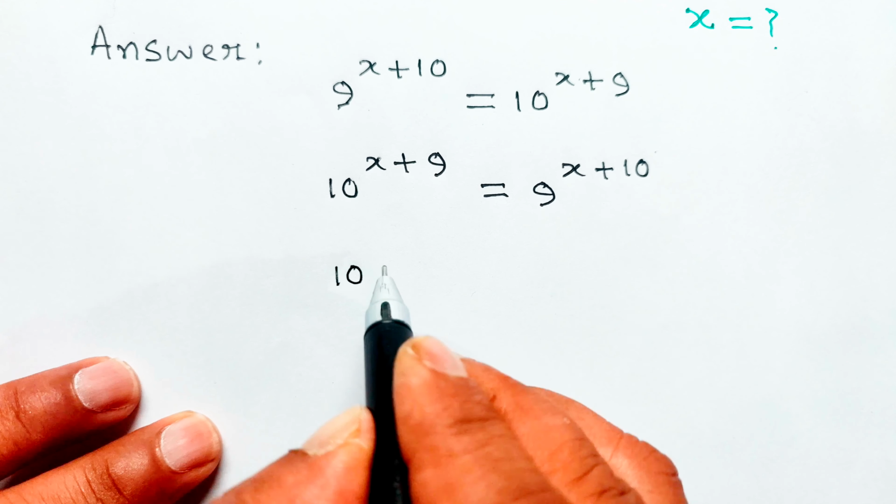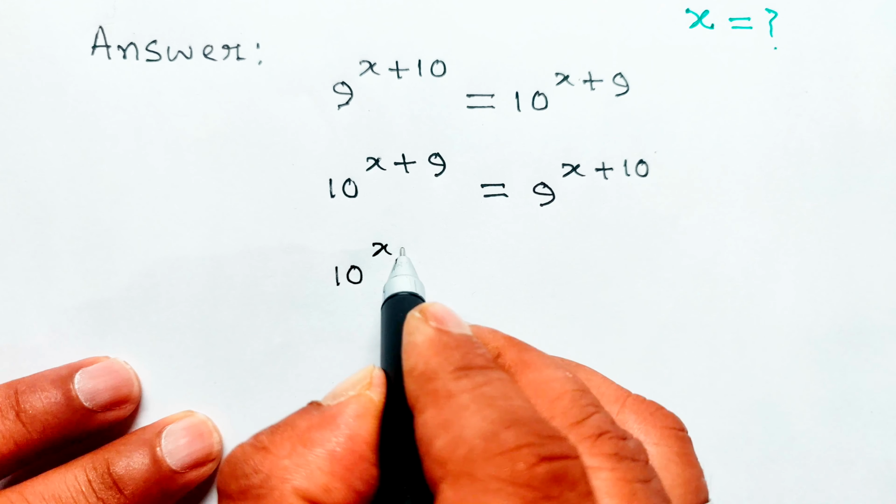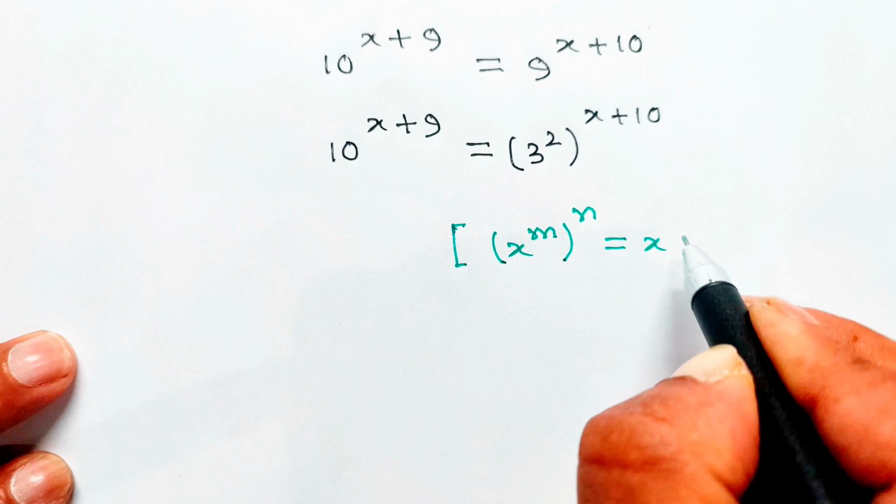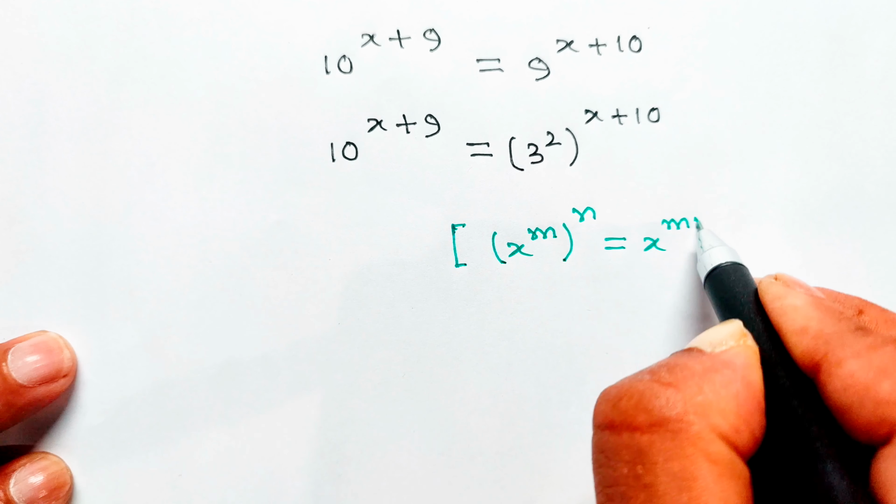Then 10 to the power x plus 9 equal 9, which is 3 squared, whole to the power x plus 10. x to the power m to the power n equals x to the power mn.